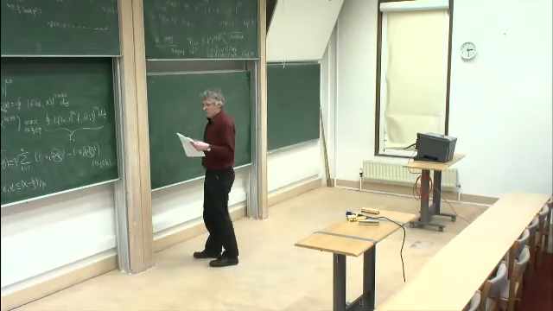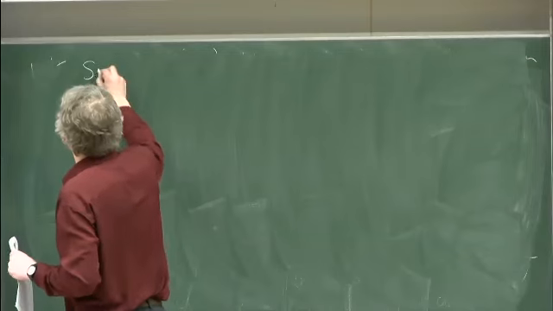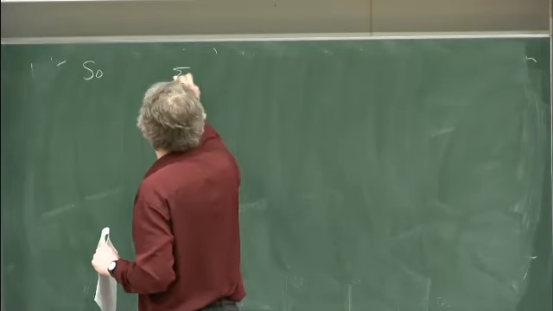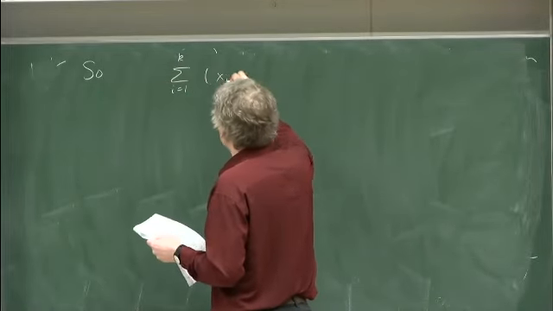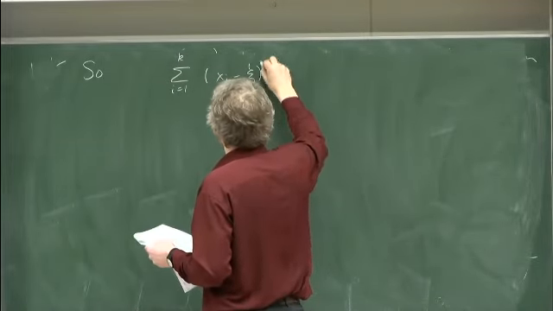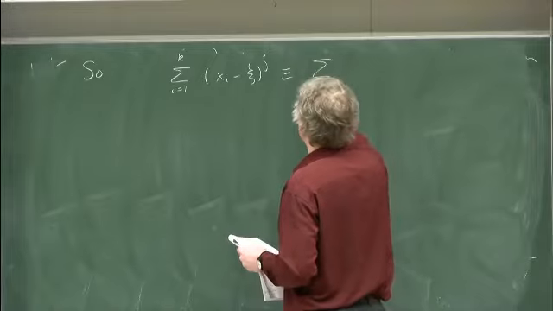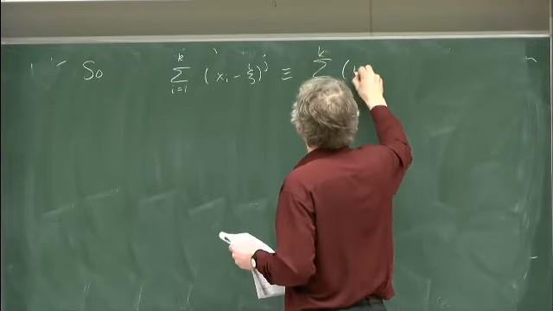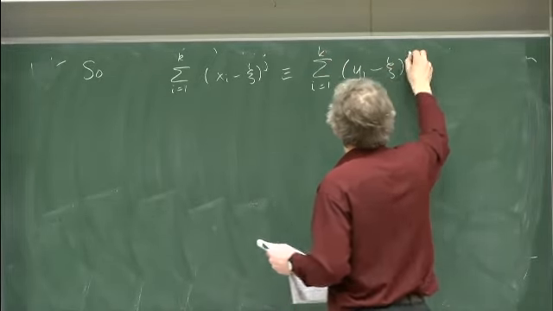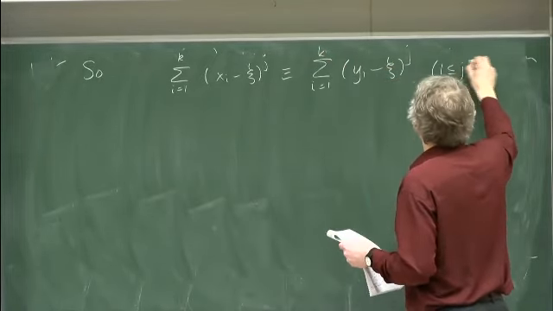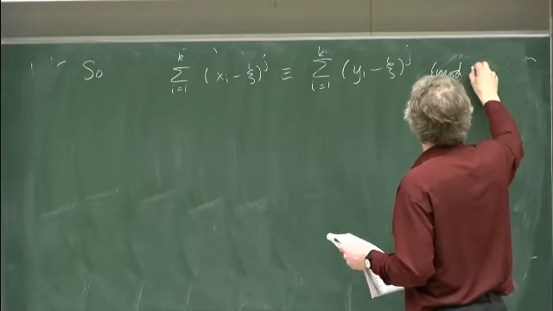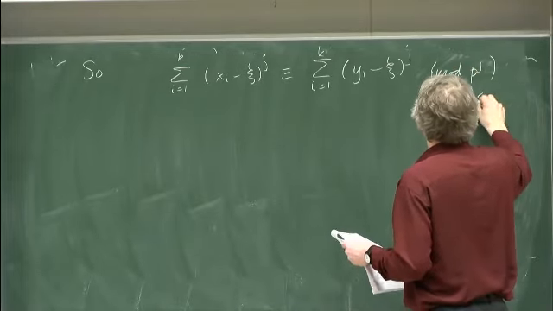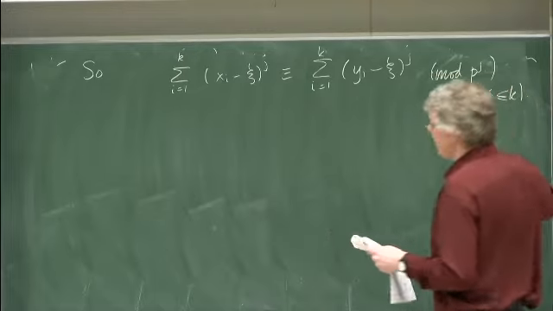So let's see what we've got from this process, just to emphasize, is that the sum from i equals 1 to k of (x_i minus c) to the j is congruent to the sum i equals 1 to k of (y_i minus c) to the j. We have all these congruent, mod p to the j, where j runs from 1 up to k.